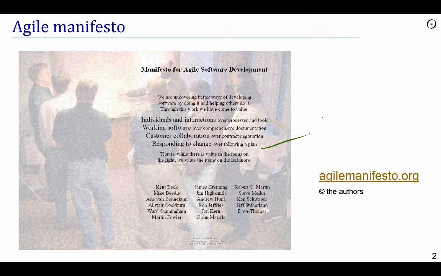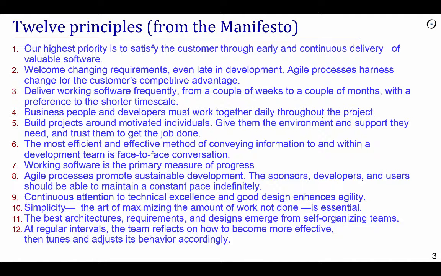These general ideas are complemented in the Agile Manifesto by 12 principles, and we're going to go through them because this is necessary to understand what Agile is about in the very words of its own creators. First, our highest priority is to satisfy the customer through early and continuous delivery of valuable software.